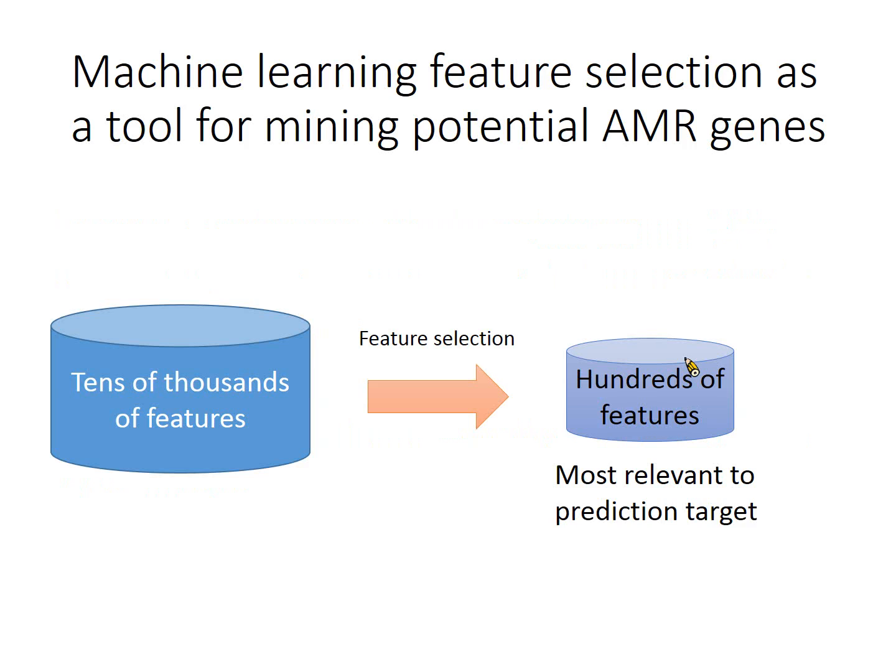A very common approach to identify potential antimicrobial resistant genes is through machine learning feature selection algorithms. Basically, feature selection can assist us in looking for the features most relevant to the prediction outcomes, which is defined as whether bacteria resist antibiotics or not in this case.